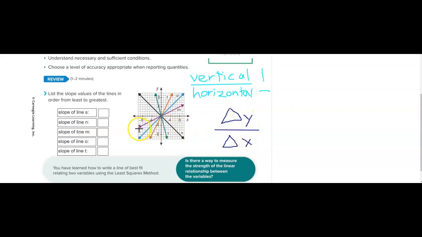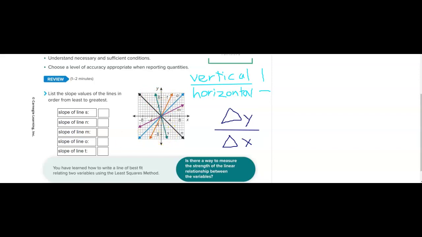Also remember that if you follow a line from left to right, if the line goes downhill, it has a negative slope. If the line goes uphill, it has a positive slope. So if it helps, trace the line with your finger or a pencil starting on the left-hand side.